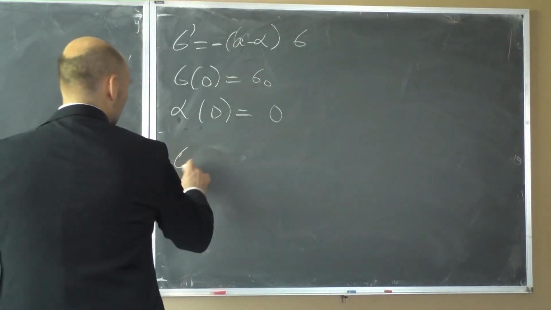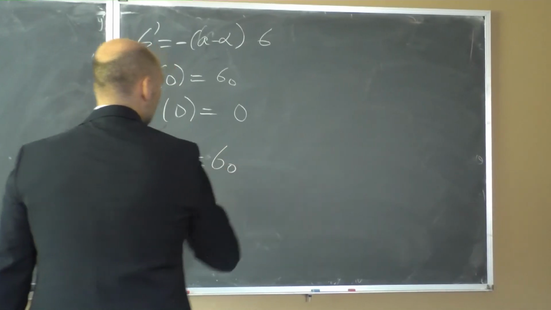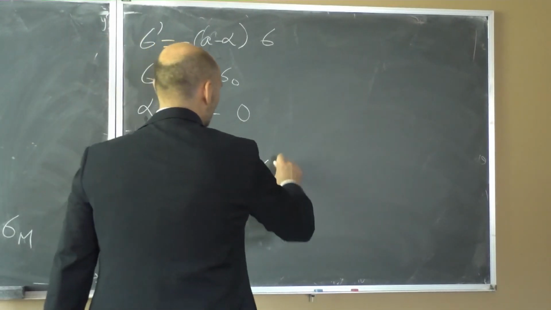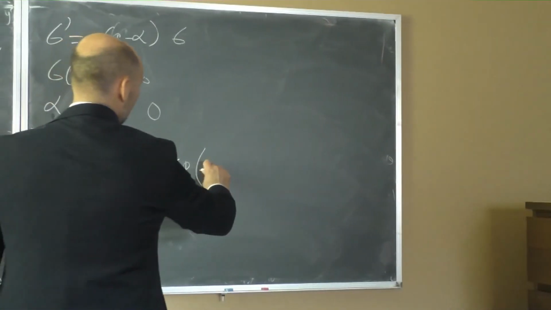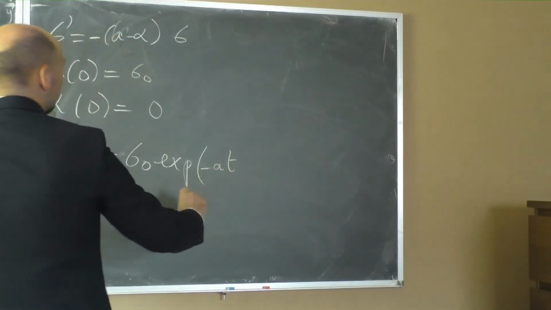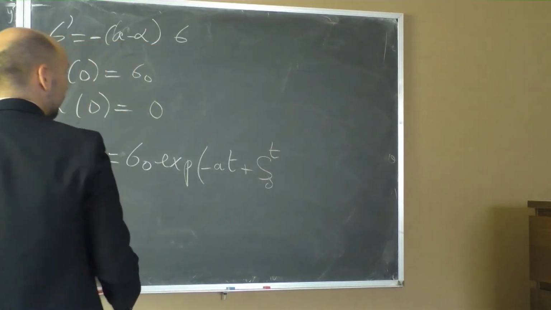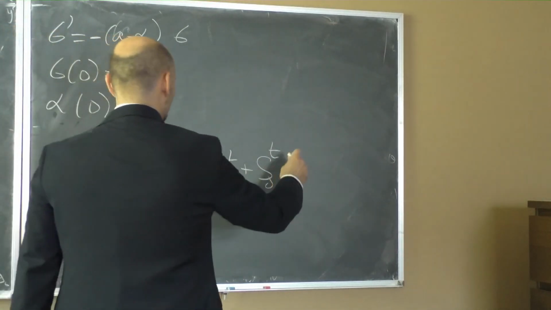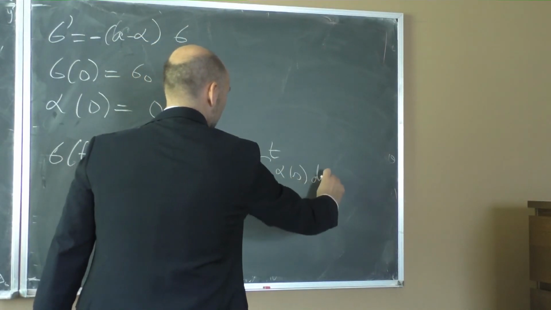So we have that sigma equals sigma 0 exponential of minus a t plus the integral between 0 and t of alpha s ds.